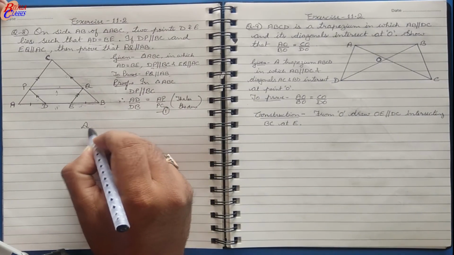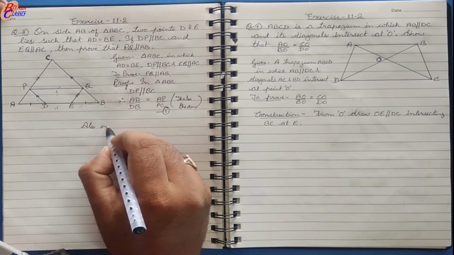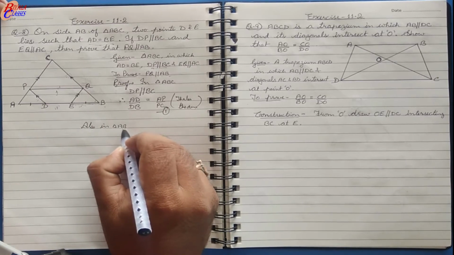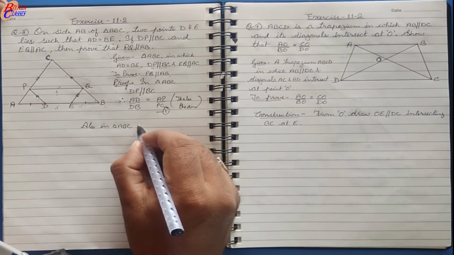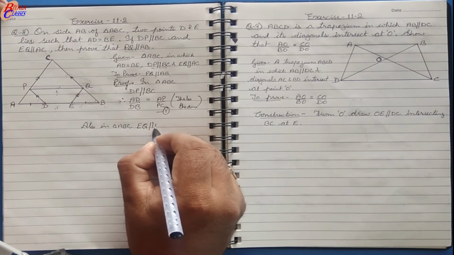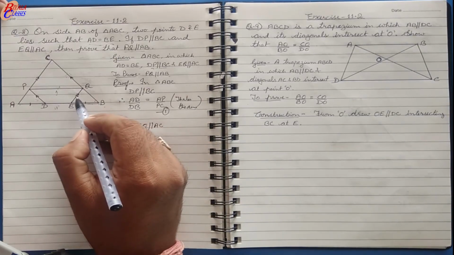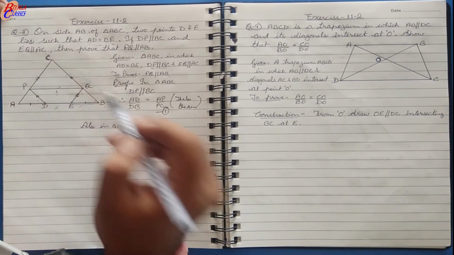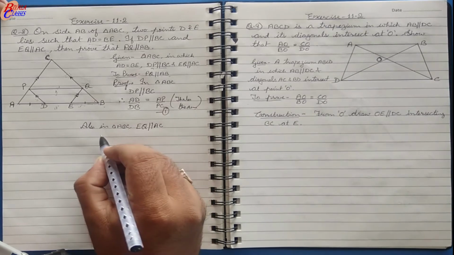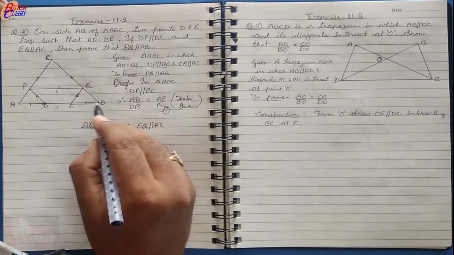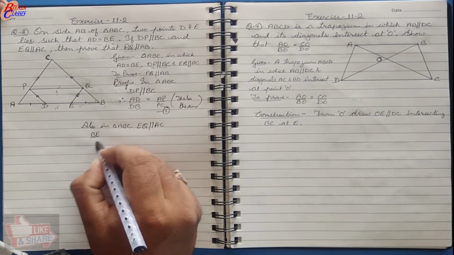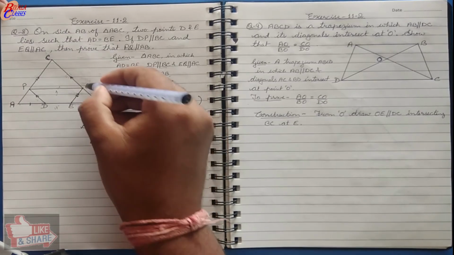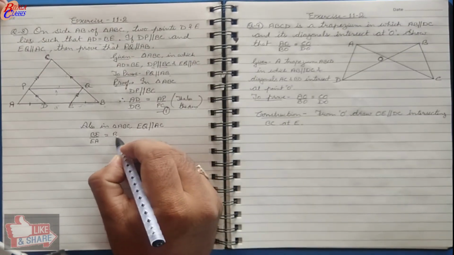Also, in triangle ABC, you are given EQ is parallel to AC. Now same, if EQ is parallel to AC, then using the Thales theorem we have BE upon EA is equal to BQ upon QC.